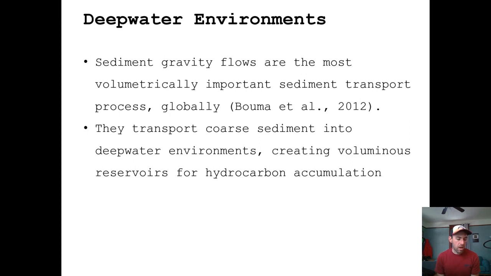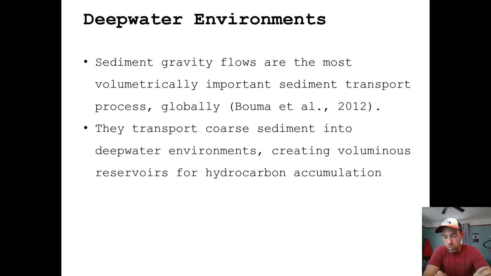And they are very effective at transporting coarser sediment from the shelf into deep water environments, right? As you imagine, we had a delta or a river that's entering the ocean and it's delivering its coarse sediment, whether that's sand or gravel or cobbles, and it loses its momentum very close to the shoreline, and a river is not very effective at moving cobbles out very far on a delta front, for example, and off the shelf edge.